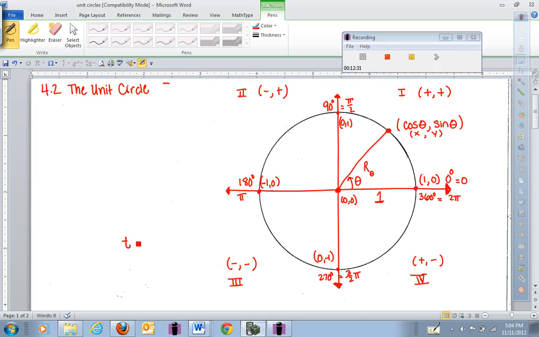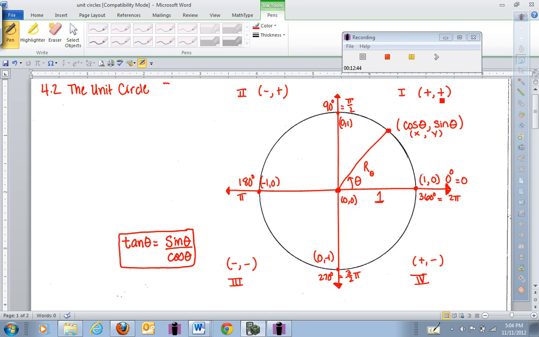Tangent of theta is going to be defined as the sine of theta divided by the cosine of theta. So this is a new definition for you. It will be sine over cosine. I want to make sure you know that it's the sine over the cosine.